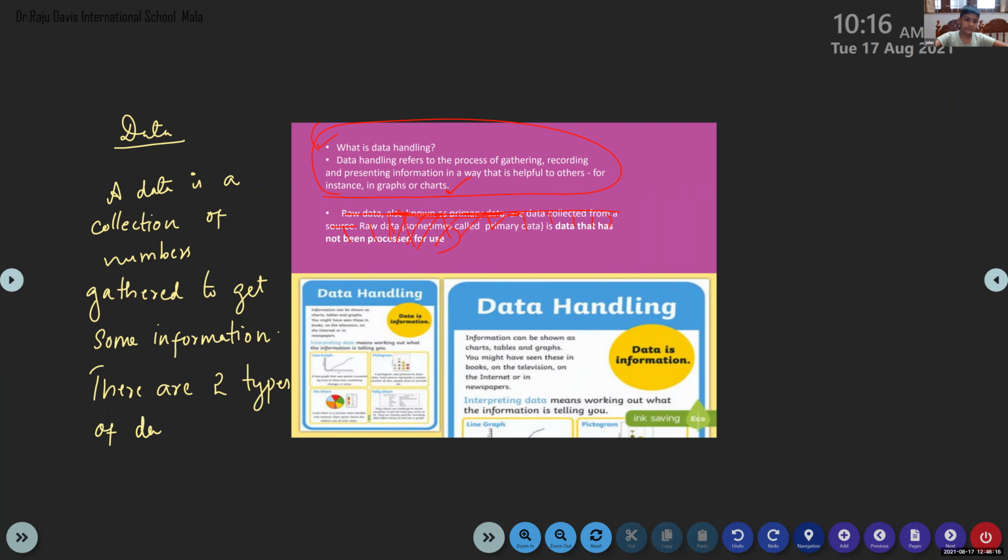First one is primary data. Second one is secondary data. What I explain, I will give the same way.